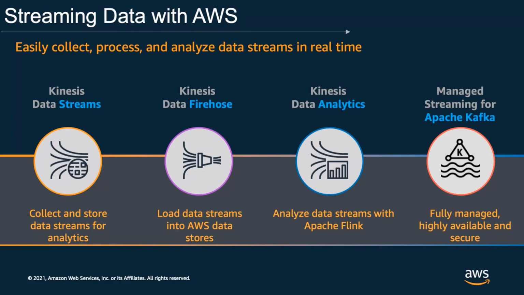So it helps in delivering your streaming data to destinations such as S3, Redshift, Splunk, or HTTPS endpoints. And the third item that we have there is the Kinesis Data Analytics, which is a stream processing solution. It's a managed service for Apache Flink. Please note that Kinesis Data Analytics works with both Kinesis Data Streams and Amazon MSK.